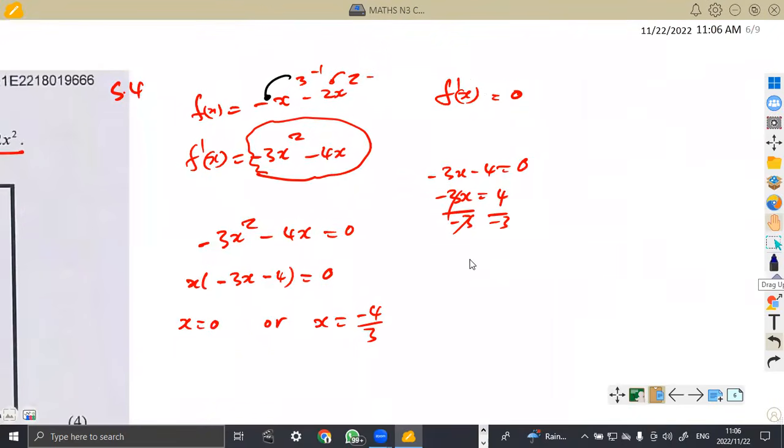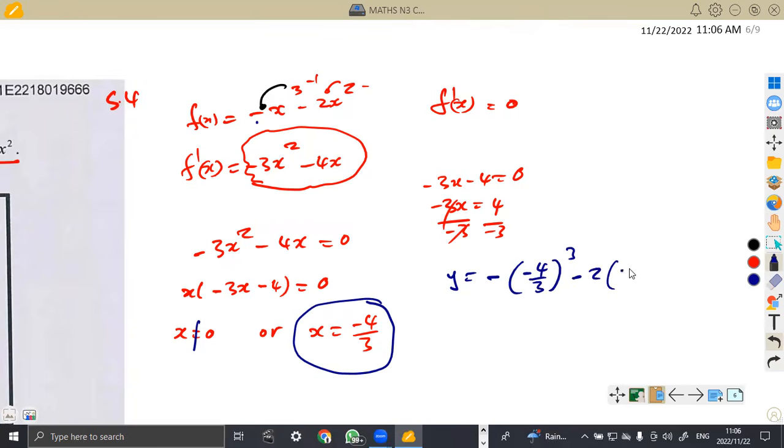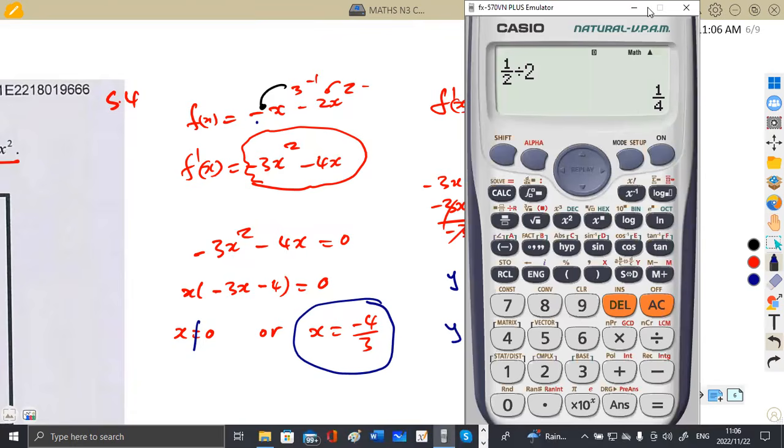So y is going to be equal to what? We have got our x being equal to negative 4 over 3. So that means y was going to be equal to negative x cubed, which is negative 4 over 3 to the exponent of 3, minus 2x squared, which is negative 4 over 3 squared. Okay, so that's how we can find the value of y by substituting into the equation that we are given.